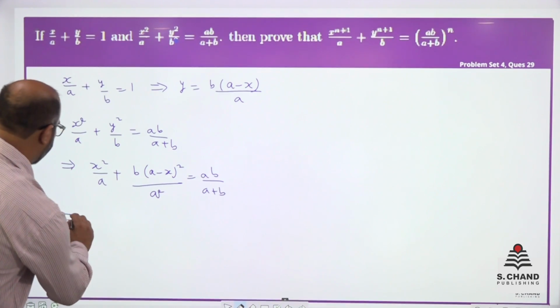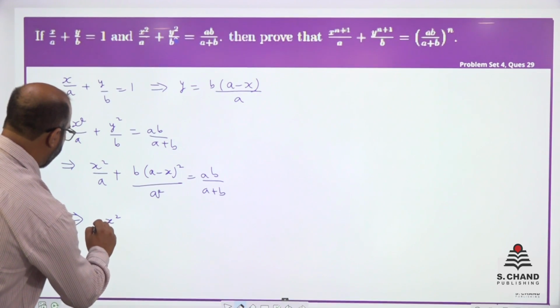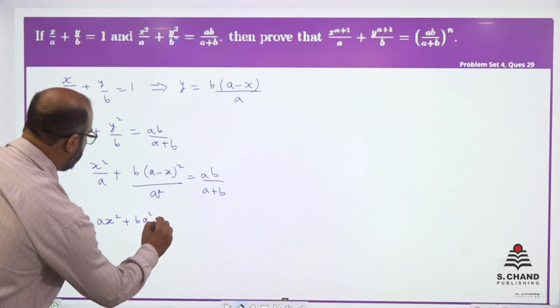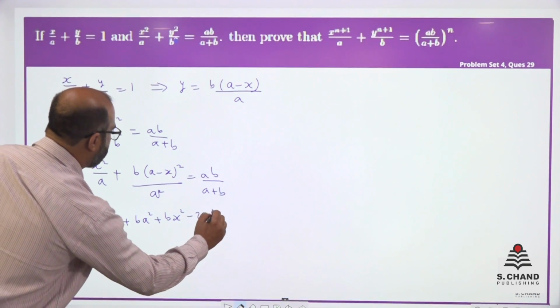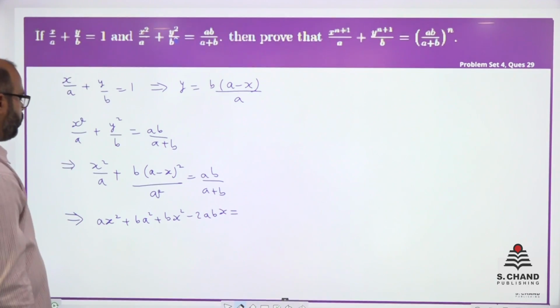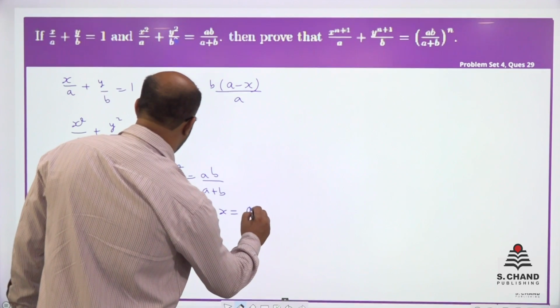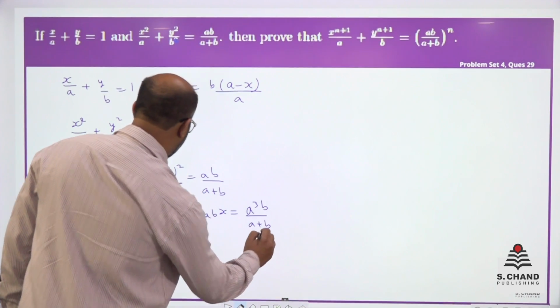So, this will become x square into a plus b a square plus b x square minus 2abx is equal to a cube b by a plus b.